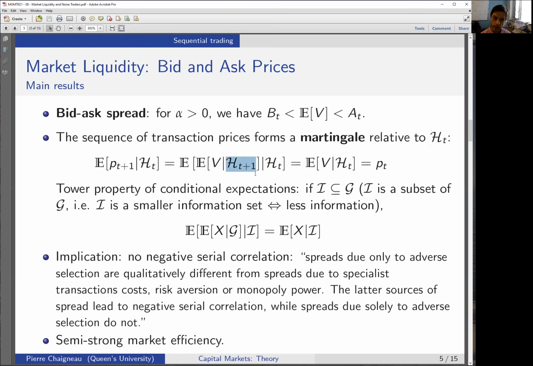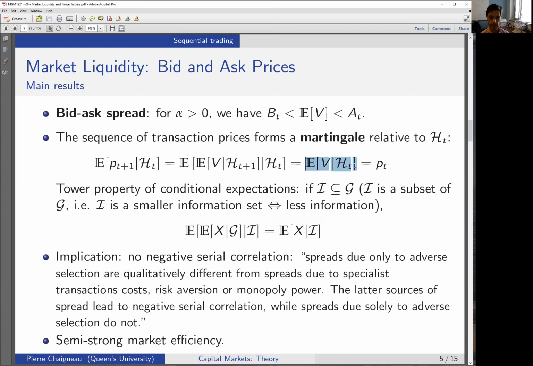We know more tomorrow than we know today. And there's more information in H_{t+1} than in H_t. And so here, H_t corresponds to I, a smaller information set, right? And then we know that this conditional expectation is simply equal to that conditional expectation, where here I corresponds to H_t, and G corresponds to H_{t+1}. All right. So it means that using this equality, we can simply rewrite this like that.